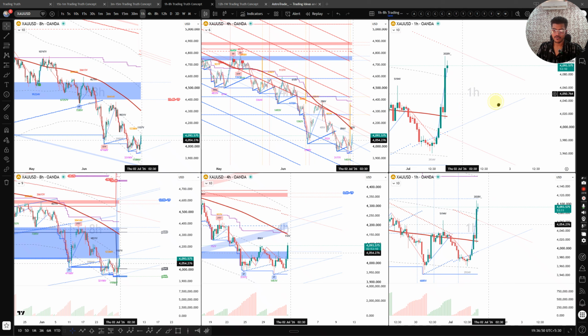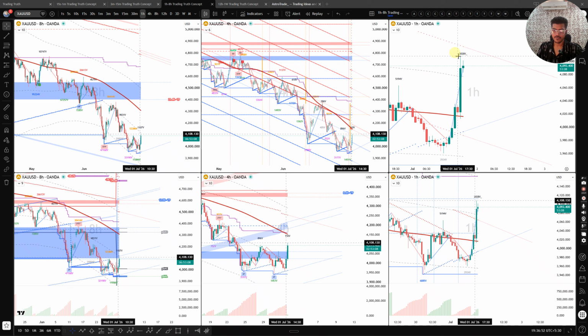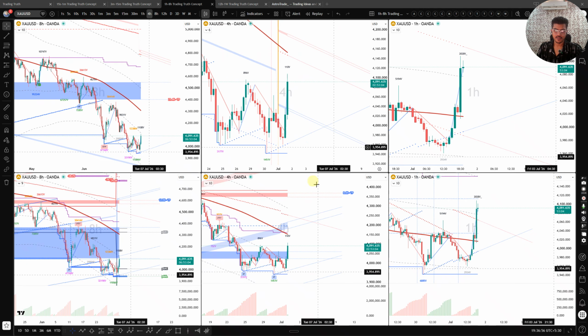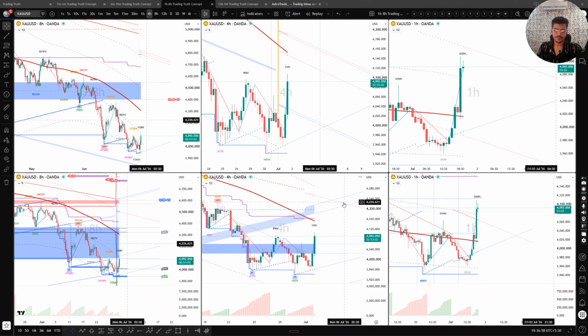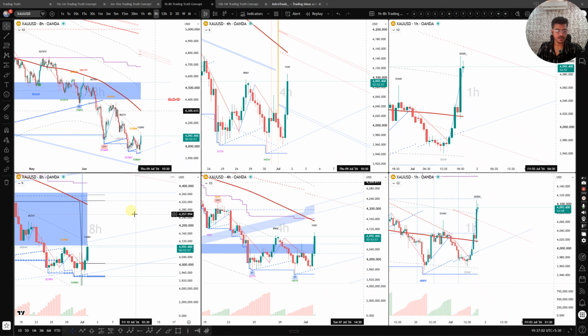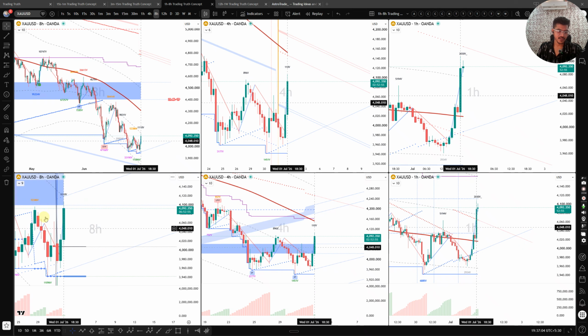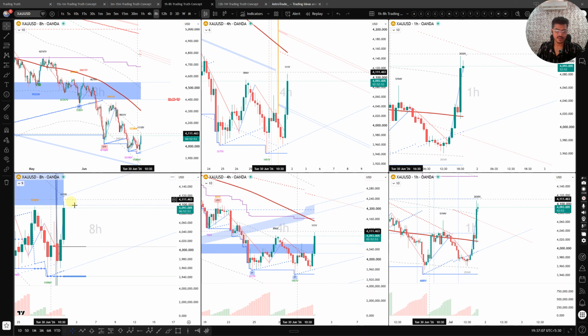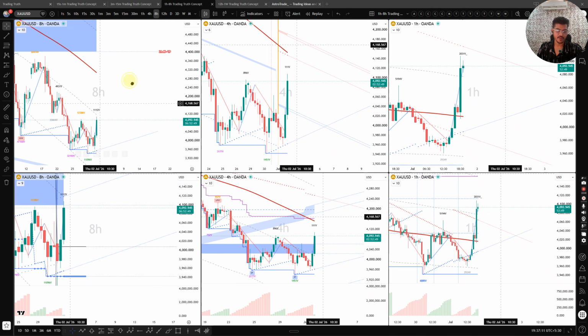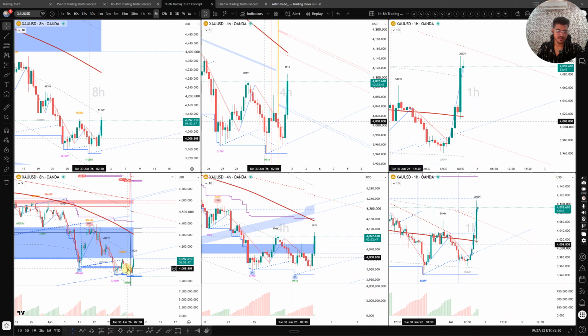A new 1 hour candle got formed. If we break this, then it's going much higher. We'll see. On 8 hours, 4 hours, 1 hour, there is very strong resistance over there. The market might have a bit of a hard time going above that.